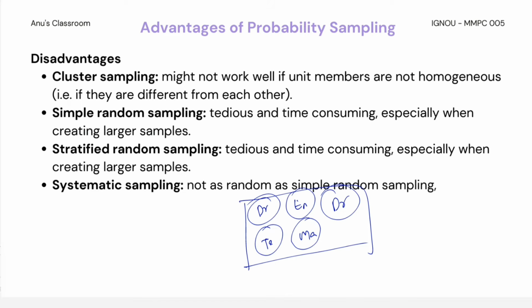And systematic sampling is not as random as other techniques like simple random sampling, because we are choosing every nth person, and if there is some harmonic pattern in the samples, then it will not be as random as possible, because we will always end up with the same type of data and will not have enough actual representation. I hope you understand that.